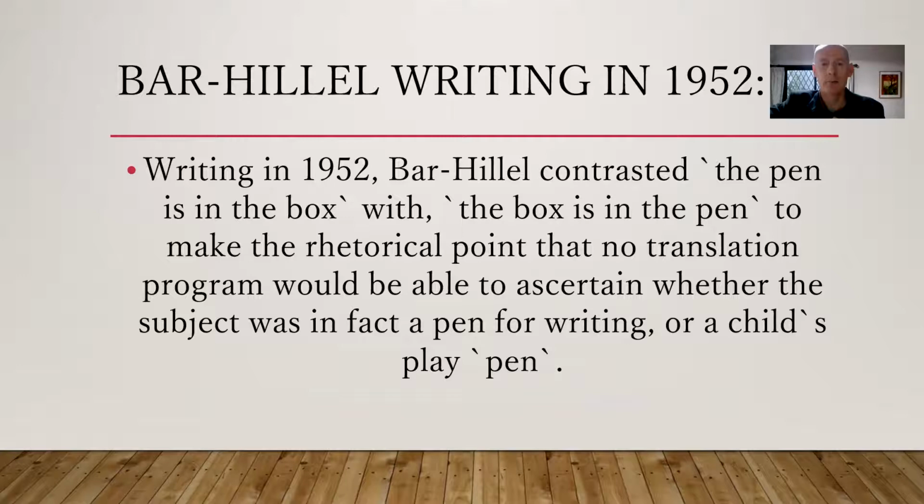So the broader point is that unless we have access to the culture of the real world, unless we have the corporeality of a human body that allows us to interact with the world, to read, to have the exophoric references, if you like, that allow us to see the broader context, it's difficult to ascertain which pen this sentence is talking about.